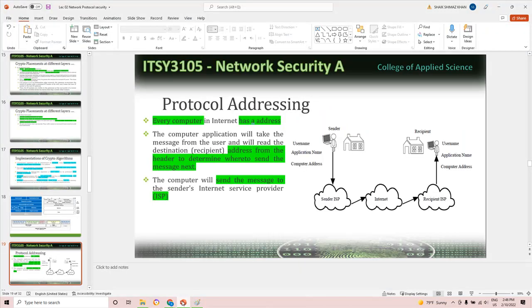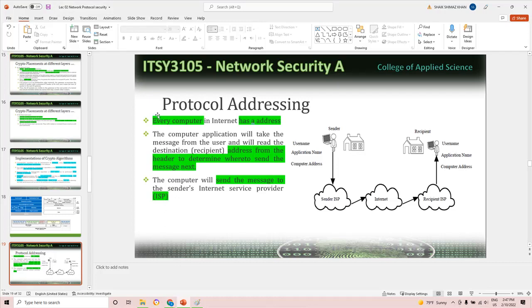Suppose you have a website running on your system, and you want people in the network to access the website, then you should have a public IP address. Clear? The public IP address you can get from the ISP provider.